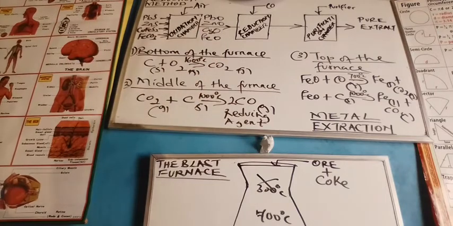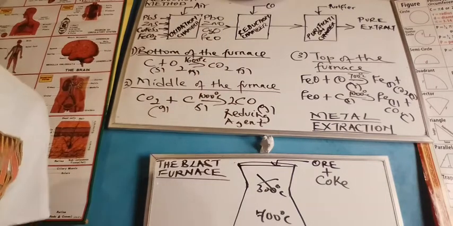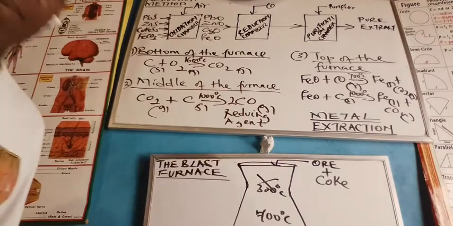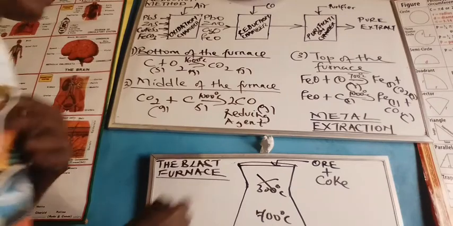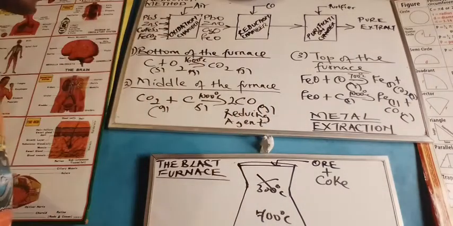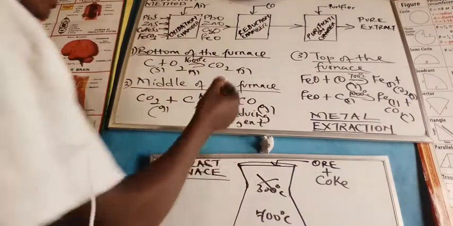Once these oxides have been formed, it means the metal ores have been separated from their main impurity, which is sulfur. And when that happens, we take them to the next level, which is the reduction chamber at high temperatures.